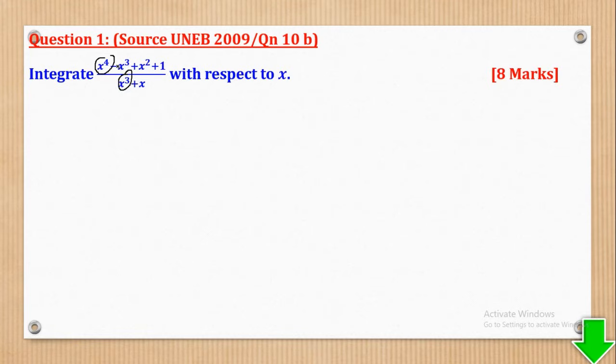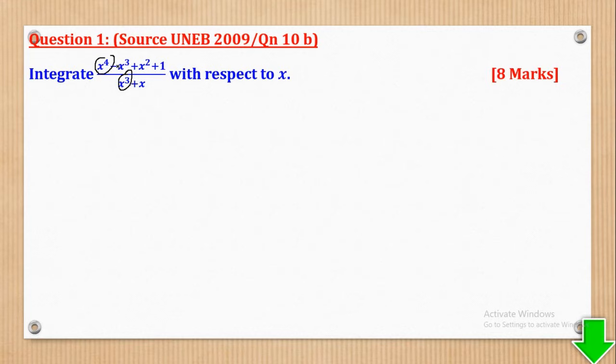It implies that this is an improper fraction. But remember, the methods of partial fractions deal with proper fractions. So what does that mean? It means that you have to first do long division to get a proper fraction. Then it's that proper fraction where you will be able to use the methods of partial fractions.